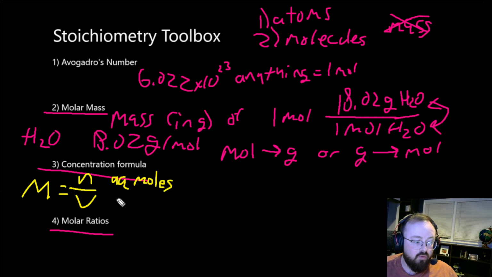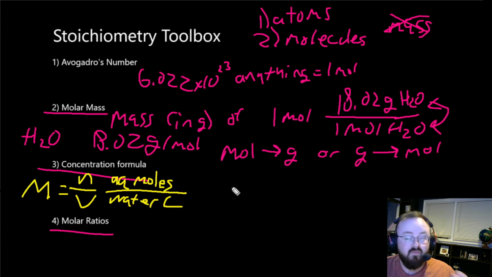So aqueous moles over liters of water. And it has to be moles per liter. So whenever you get some kind of value that's in, say, grams, it has to be converted to moles. You must have moles and you must have liters.